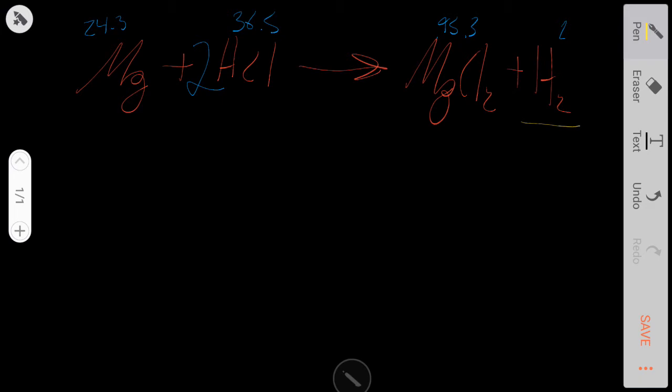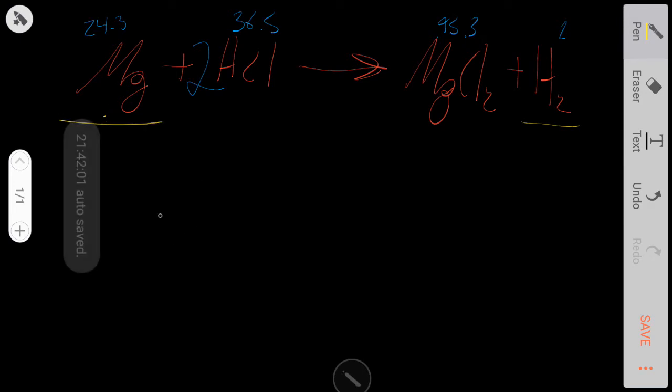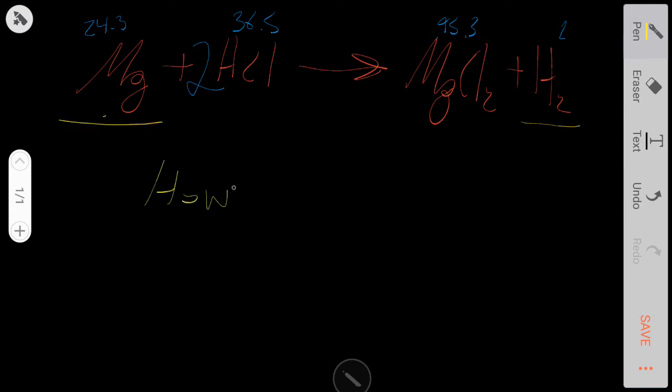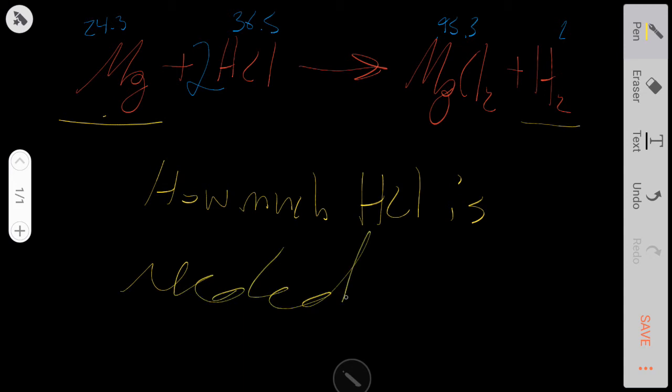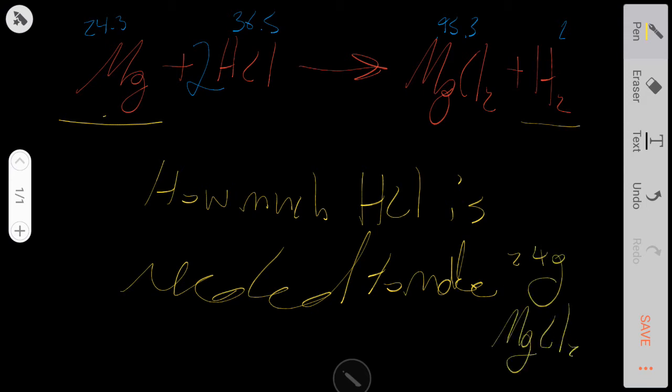All right, so I have an excess of magnesium. So the question is, how much HCl is needed to make 24 grams MgCl2. All right. So let's answer it.